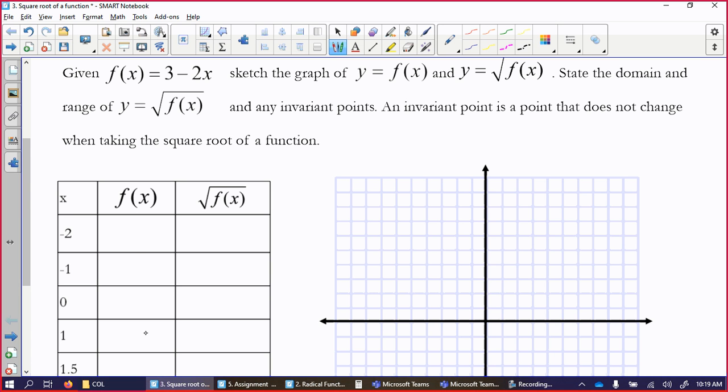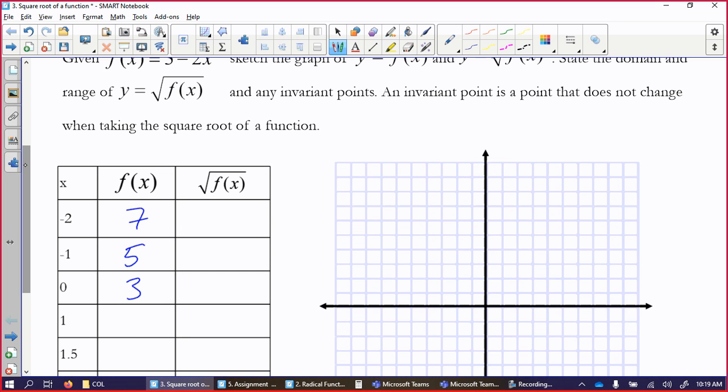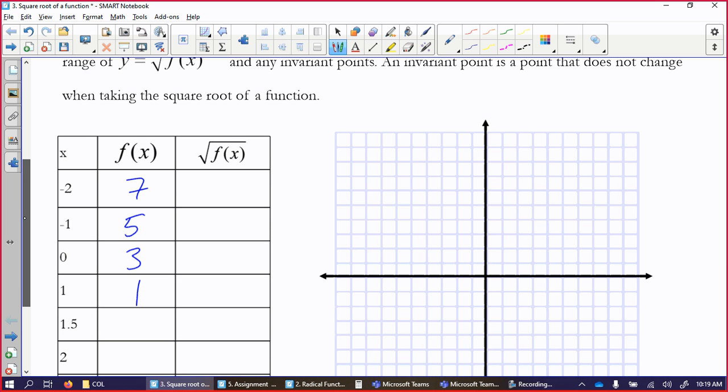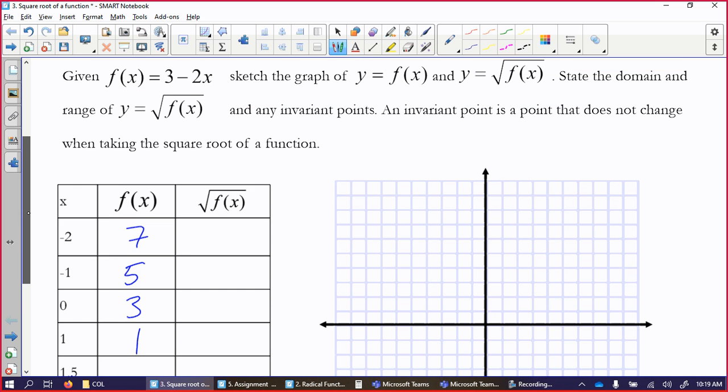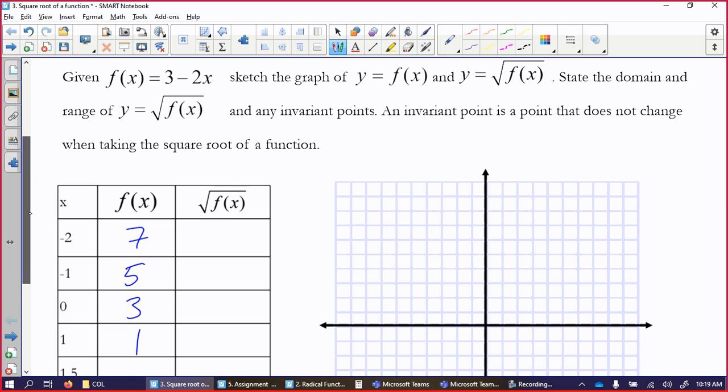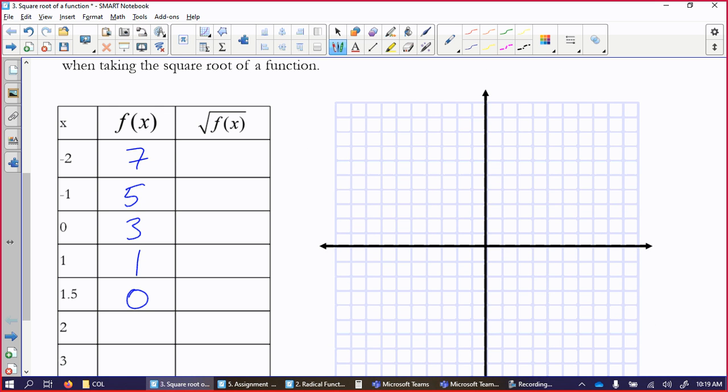If I build a table of values, 2 times negative 2 is negative 4. 3 subtract negative 4 is, let's make it pretty, 7. 2 times negative 1 is negative 2, 3 plus 2 is 5. 3 minus 0 is 3. 2 times 1 is 2, so that's a 1. 2 times 1.5 is 3. 3 minus 3 is 0. 2 times 2 is 4. 3 minus 4 is negative 1.